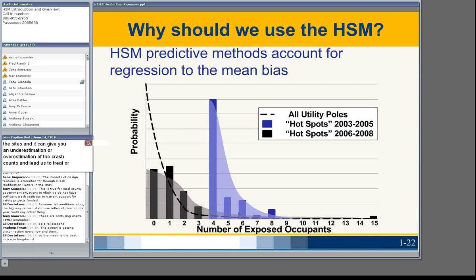The second is on the cost-benefit analysis. And the third is on optimization, which is a way to determine the most cost-effective improvement that has to fit within a given budget. And the last and final step of the roadway safety management process is safety effectiveness. And that's evaluating the effectiveness of countermeasures at one or more sites.